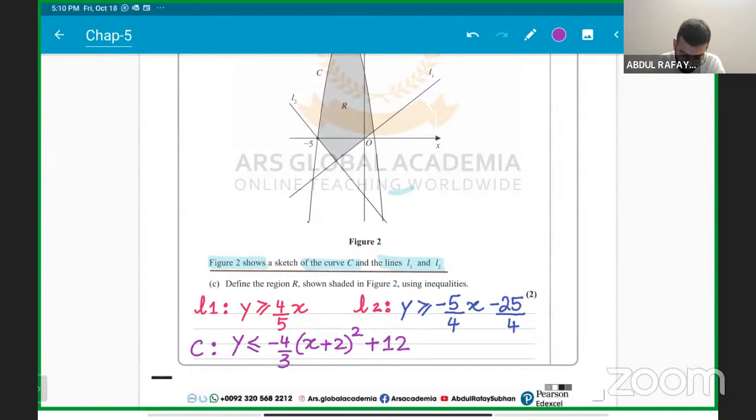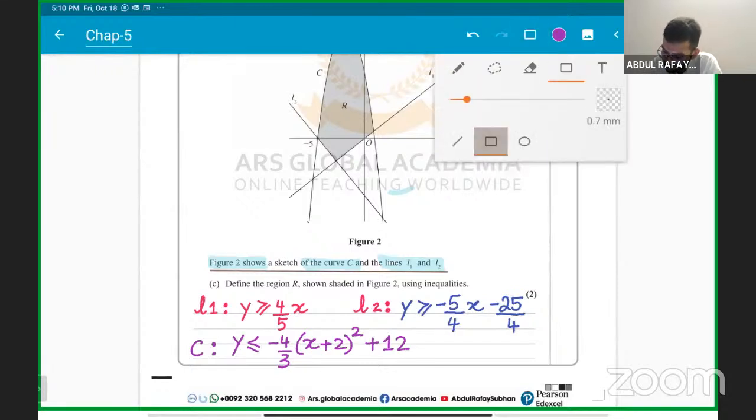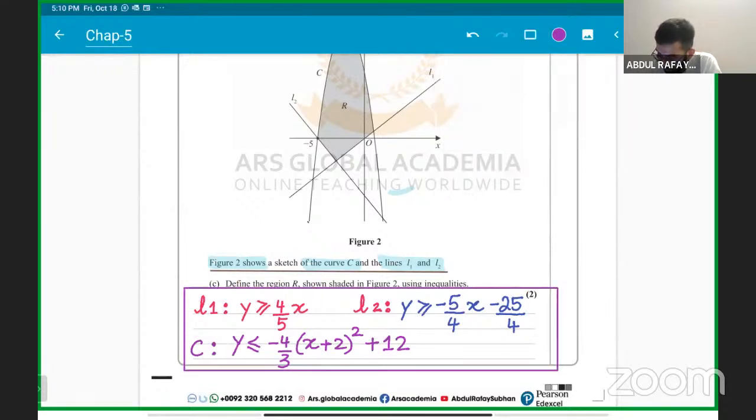That will be y is less than or equal to minus 4 over 3 (x plus 2) whole squared plus 12. So this will be the official 2 marks you will get for writing down all three inequalities.